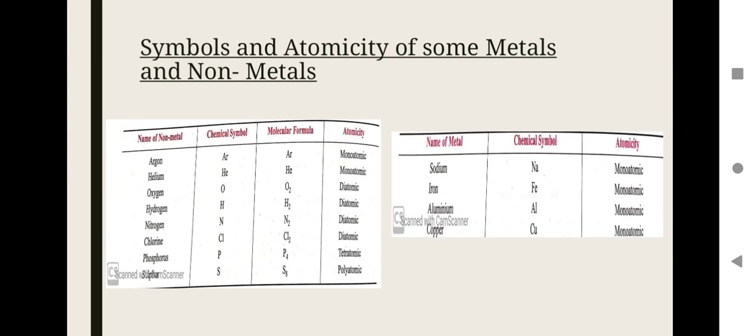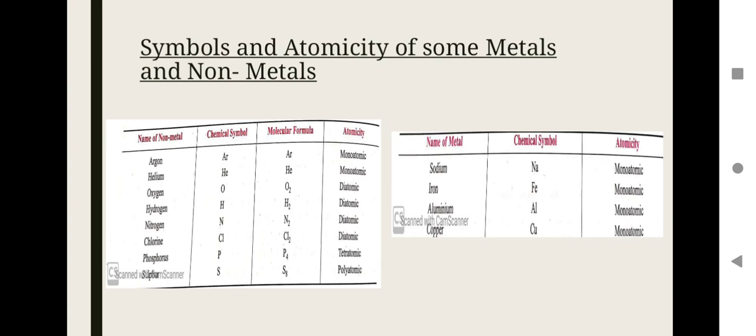In the table, you can see symbols and atomicity of some metals and non-metals. First, on the left hand side, the atomicity of some non-metals is given. Argon, which is a noble gas, has the chemical symbol Ar, and is monoatomic.